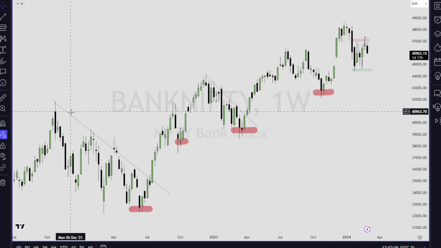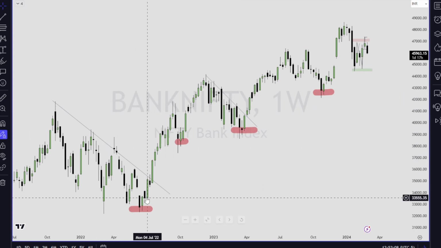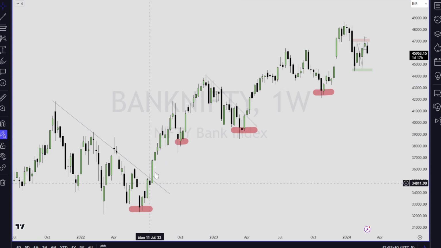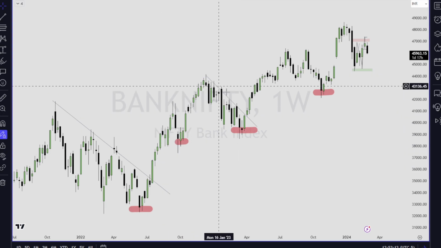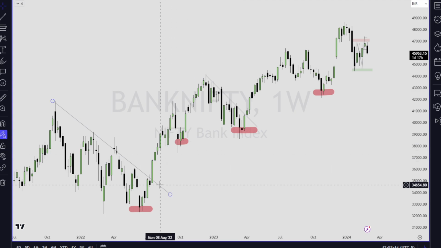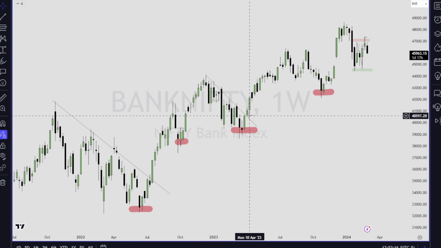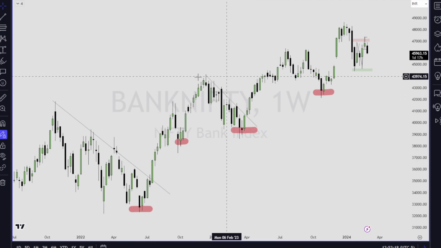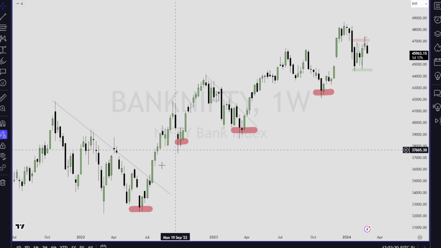Look here, this is a big trend and it breaks and moves up a little longer. This is a small trend, similar to this trend, but price moves a little shorter when compared to this move.